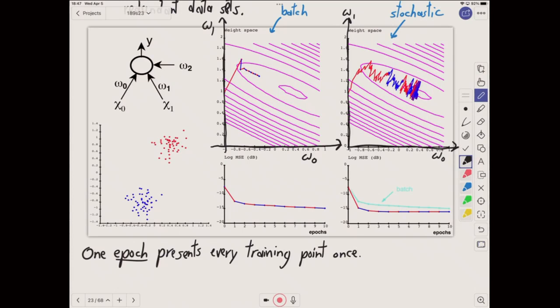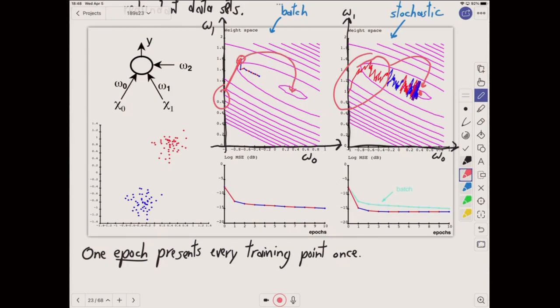And what you see here, this red jiggle, that is the first epoch. That is presenting every training point once. And then this blue wiggle is, now we go through all of the training points a second time, and so on. And you'll notice that the very first time we go through all of the training points, we make a lot more progress towards the true minimum than we do when we do batch gradient descent here.